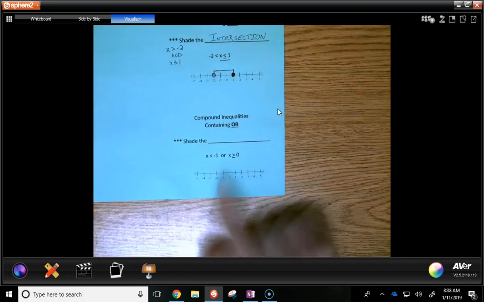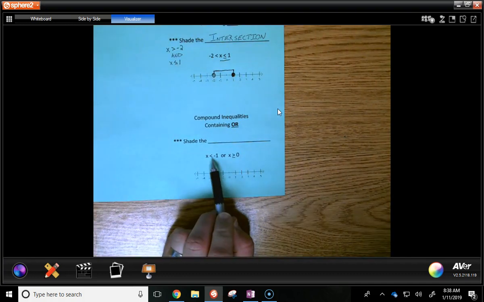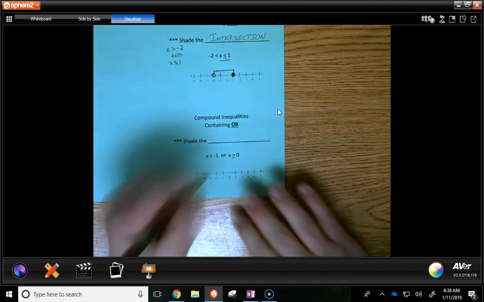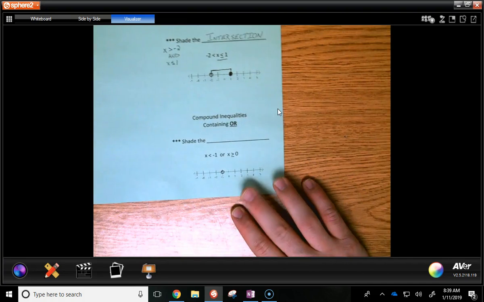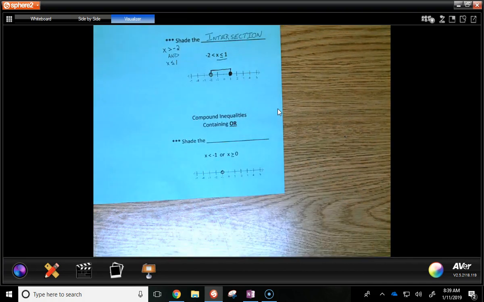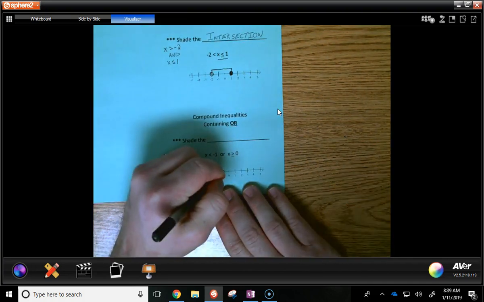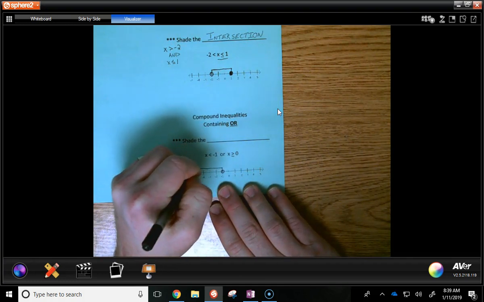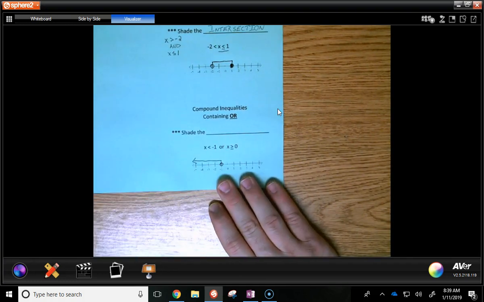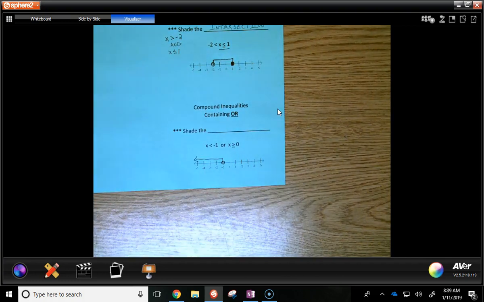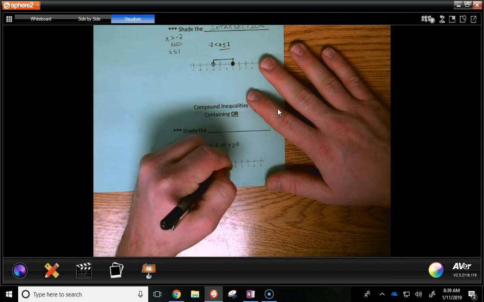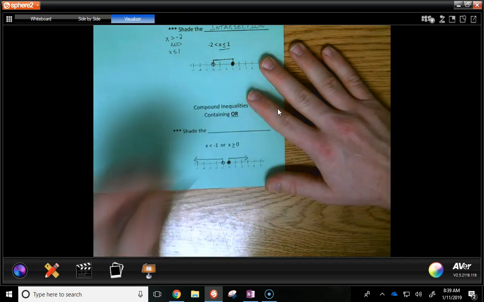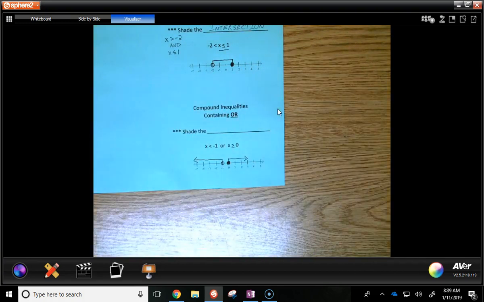If I look at my equation, I have x is less than -1. So I'm going to go to my -1. It's an open circle, and it is x is less than. So that means I should have an arrow going to the left. Or x is greater than or equal to 0. Solid dot. But since it's greater than, I'm going to have it going the opposite way.